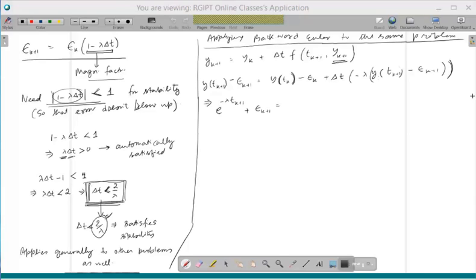This problem that I just stated, first order reaction or radioactive decay, is of interest because if you can show that a method gives stability or instability for this problem, you are pretty much comfortable that other problems will also behave the same way. That's the purpose of discussing this particular problem.